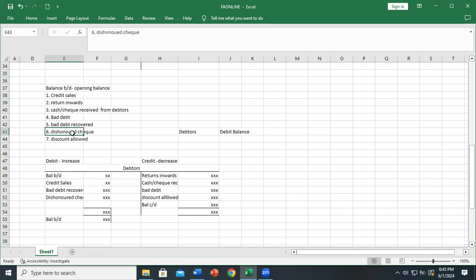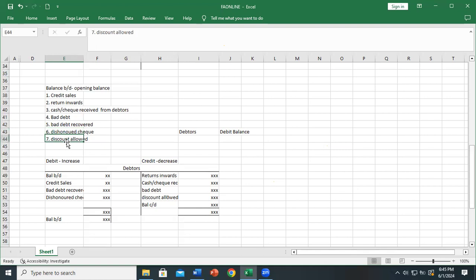So when I receive the check, I'm going to say, you have paid your money, so I'm going to decrease your debt. If I go to the bank and there's an issue with the check and I'm not able to cash the check, what will happen? I'll come back to you and say, Charlie, you are still owing me 1,000 cedis. So a dishonored check in a way is going to cancel the earlier decrease and for that matter would reinstate the debt.